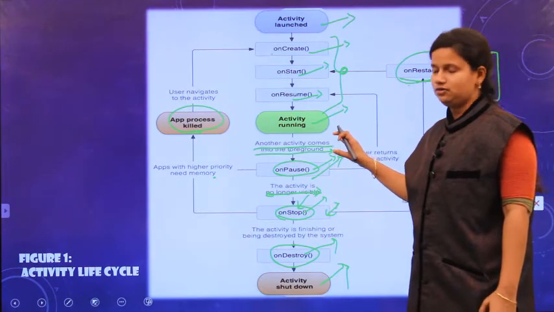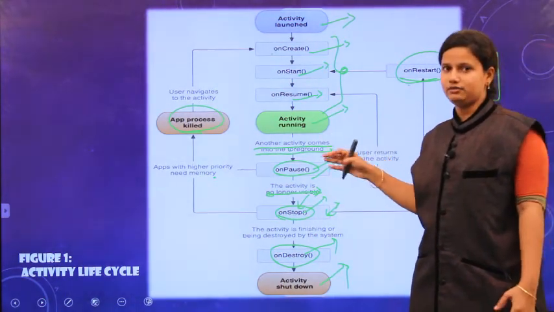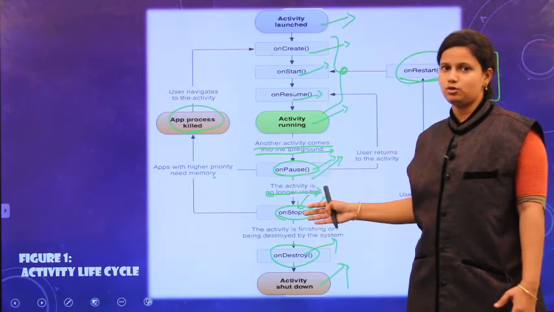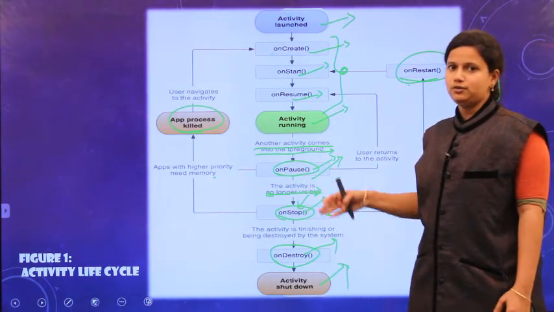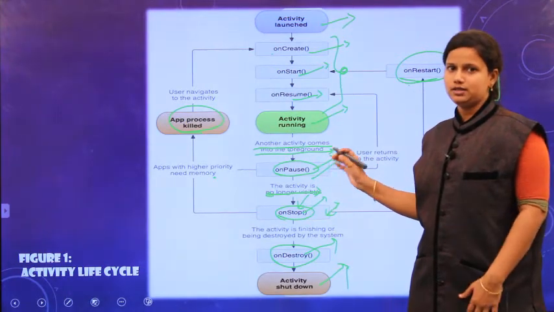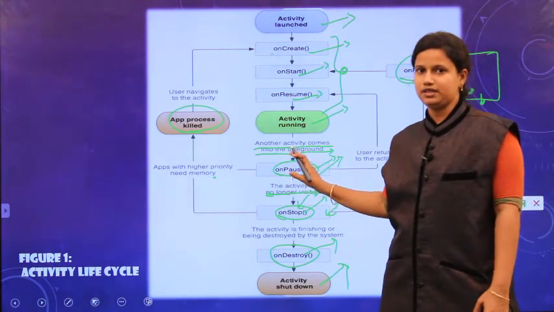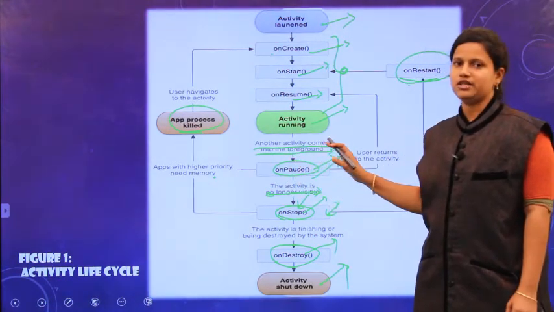After running your application, if you properly close your activity, it will follow all three methods: pause, stop, and destroy. But if you are not closing this application properly, that means you are in a running state but not using this activity.